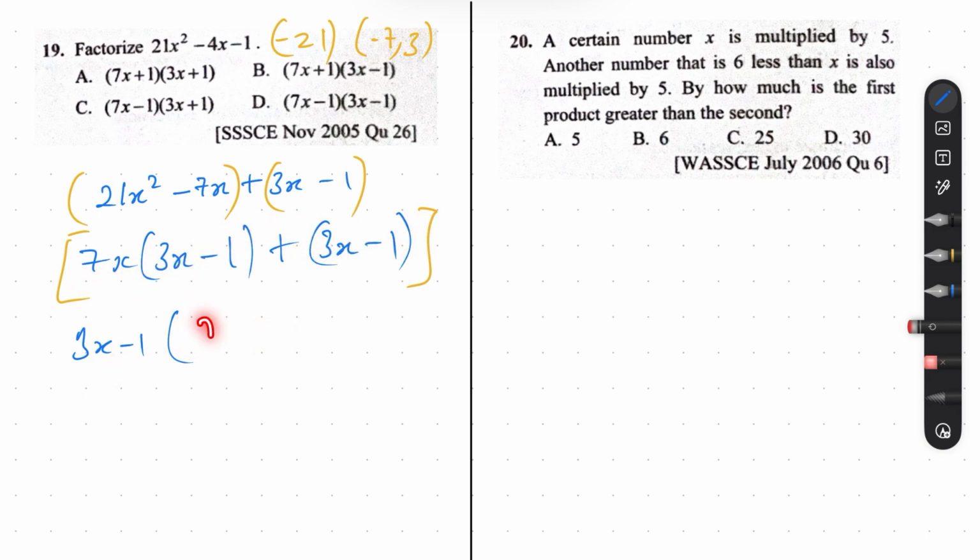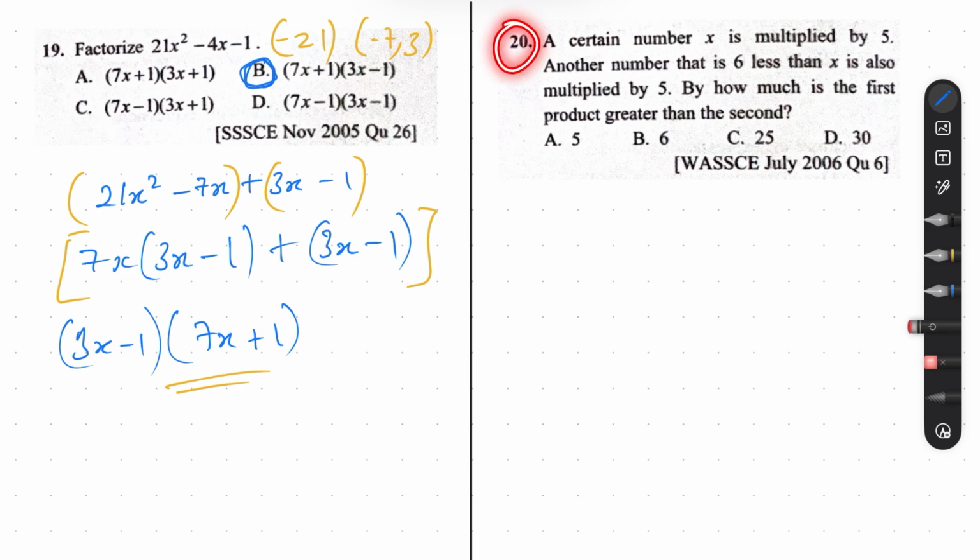So we have 7x plus 1 in the bracket. So this is our solution: 7x plus 1 and 3x minus 1. This is our answer. B is our answer.